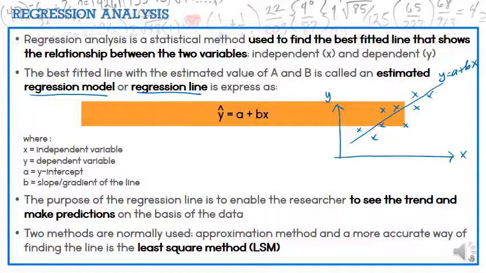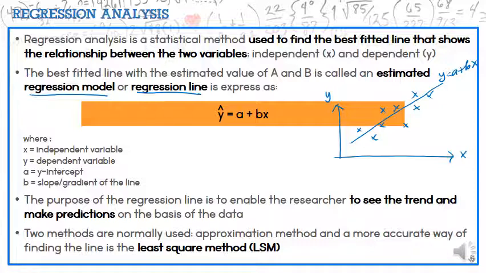If you want a line that best represents the relationship, okay, we want to find a straight line that describes the relationship of X with Y, we have to use regression analysis.